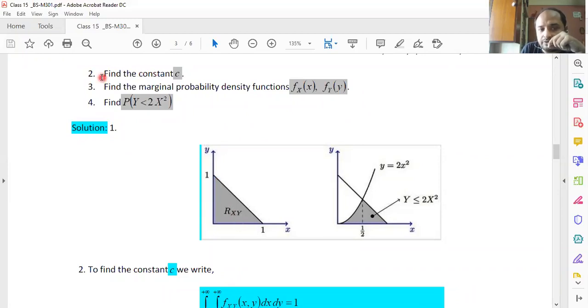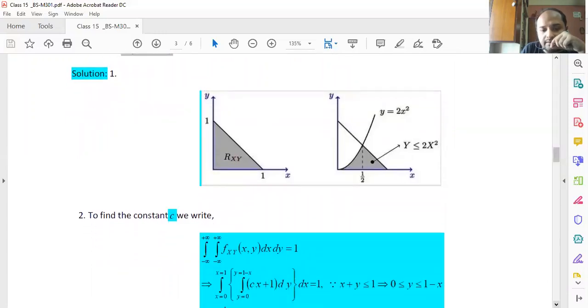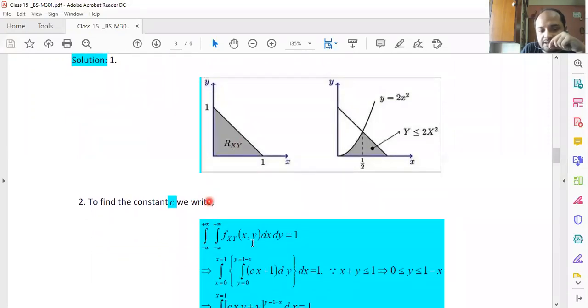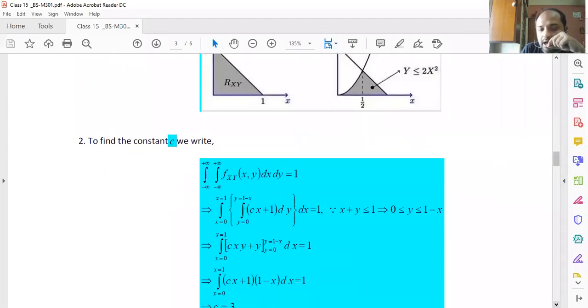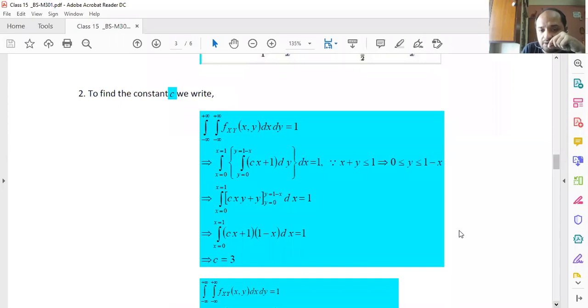Our next job is to find the constant C. To do this, we apply this formula: minus infinity to plus infinity, double integration of f(x, y) dx dy equals 1. I have already shown you how to integrate this kind of function. Here I have first integrated with respect to y, and then with respect to x.